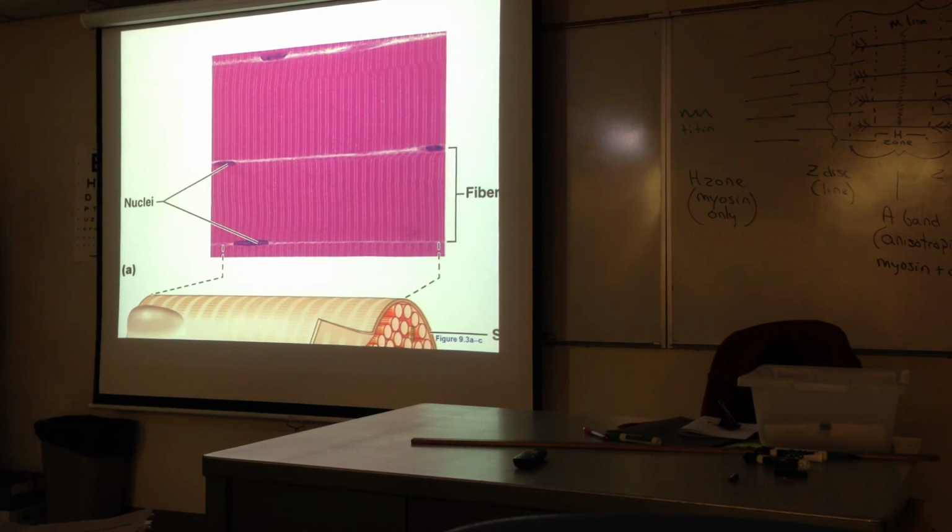And if it works properly, we can actually see these changes in the I band, probably not the H zone, but in the I band in the light microscope. So with the proper ingredients, the muscle cell will be able to contract. And you'll be able to see that contraction in either measuring the length of your strand or in visualizing the narrowing of the I band.